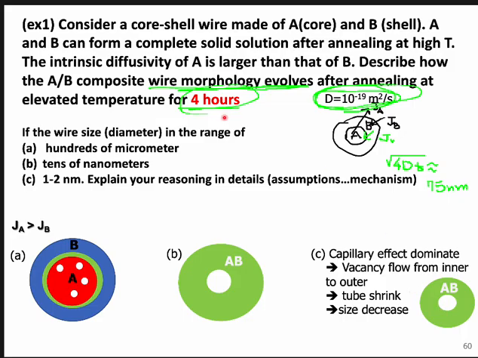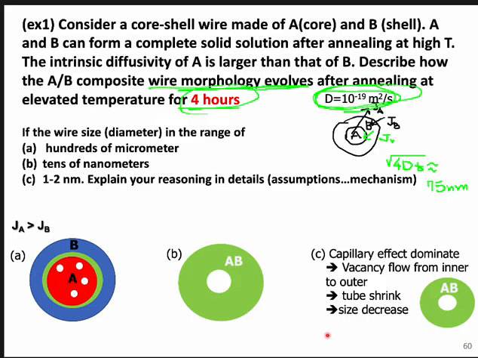Then for the rest of the time, around 3 hours, I believe this narrow wire will shrink. So in the beginning, the system will quickly reach this narrow wire. Then for the rest of the time, this tube or wire will shrink, so the size will decrease to less than 1 nanometer.